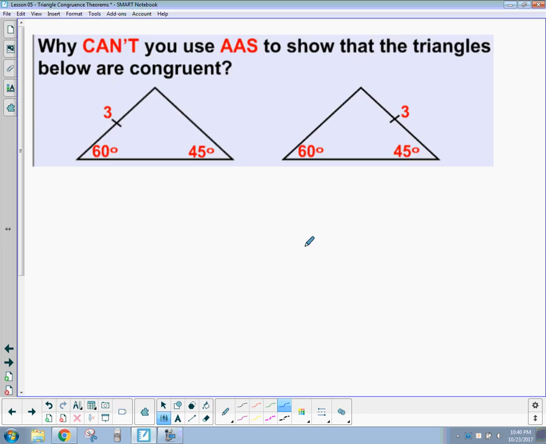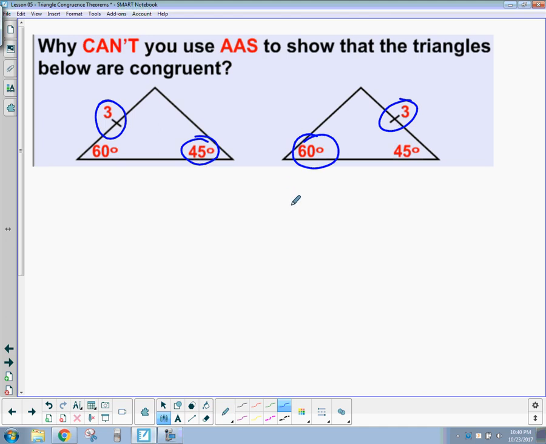So why can't you use angle, angle, side to show that these triangles below are congruent? Again, from some of the examples in the last video, 3 is opposite of 45, and in this triangle 3 is opposite of 60.